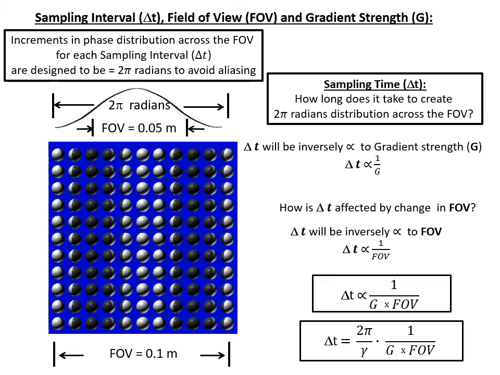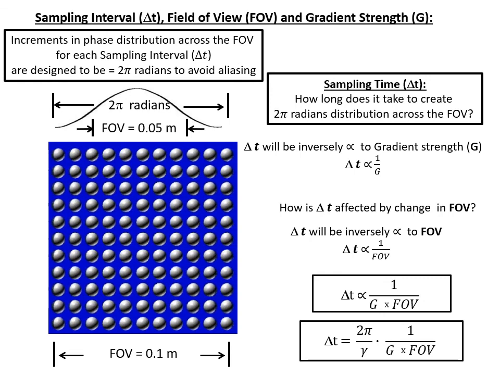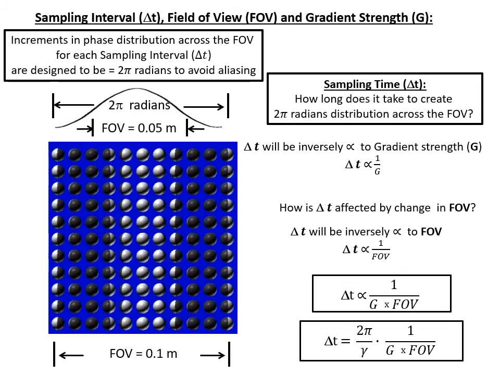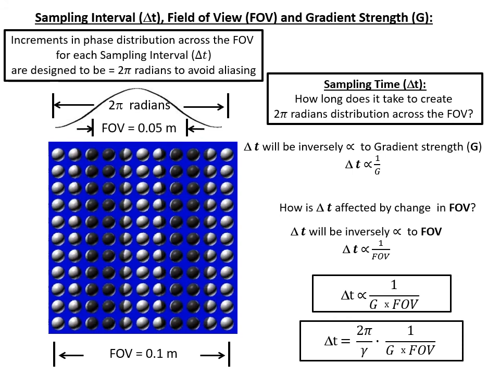So the sampling interval is set to be 2 pi over the gyromagnetic ratio times 1 over the gradient strength times the field of view. That sampling interval is the sampling interval that is required to avoid aliasing.